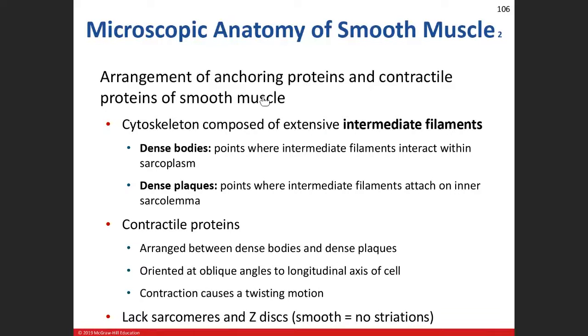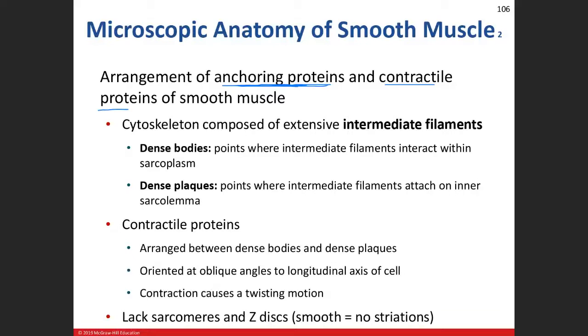Keep in mind, we still have our contractile proteins, the thick and thin filaments, but our thin filaments, the actin, are going to be anchored onto these specialized anchoring proteins. Then we have our dense bodies and our dense plaques.